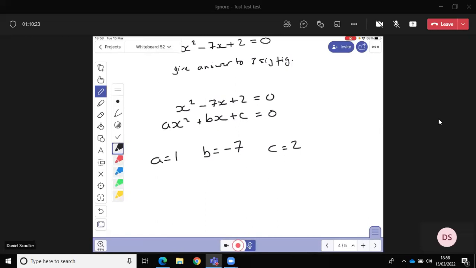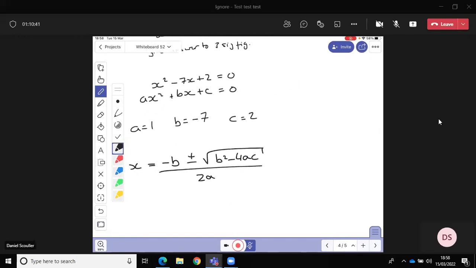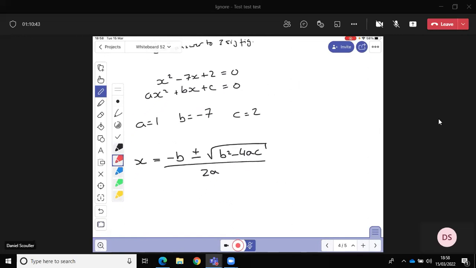So this is where we need to be careful. We've got x is equal to negative b plus or minus the root b squared minus 4ac all over 2a. First step, as usual, I'll just take this out and solve it at the side.